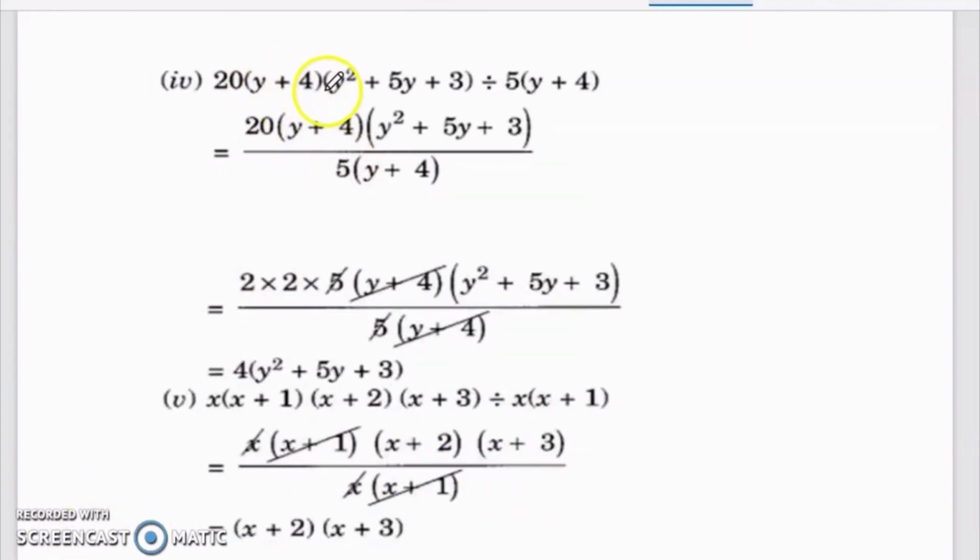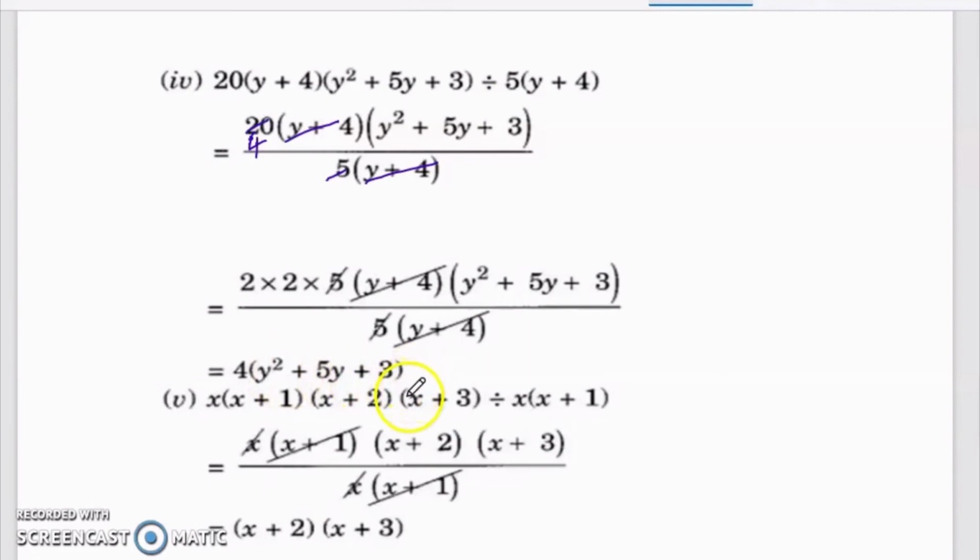Next one is 20 into (y + 4) into (y² + 5y + 3) divided by 5 into (y + 4). So here already the denominator is getting cancelled out with this, and 20 divided by 5 is 4. So then 4 into this entire term, that is (y² + 5y + 3).